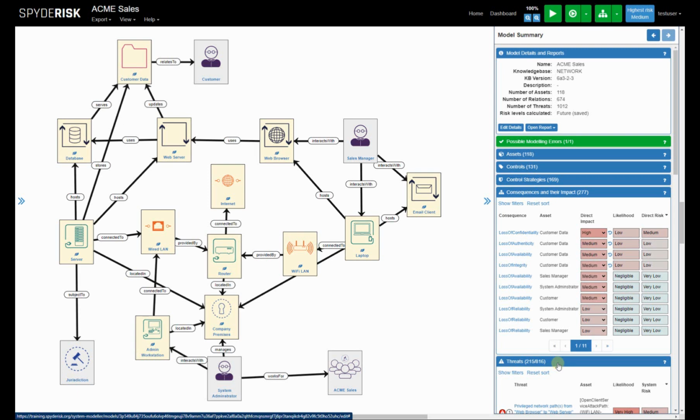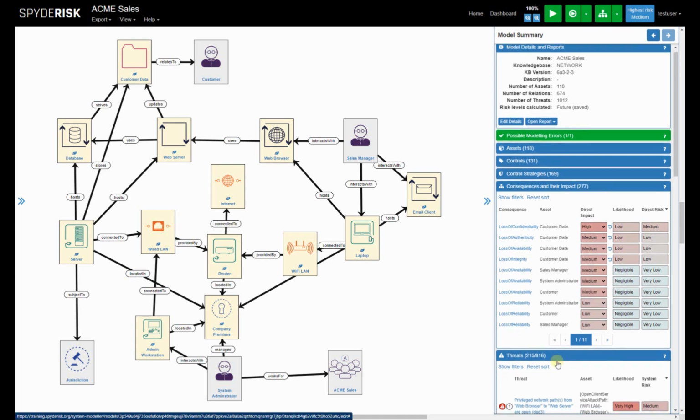So each threat is a small event, and that's why there's so many of them. Just imagine doing an analysis so complex yourself that you're going to list 816 different things that could go wrong with the system. That's one of the real strengths here.